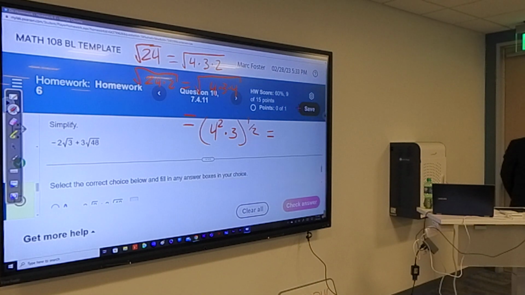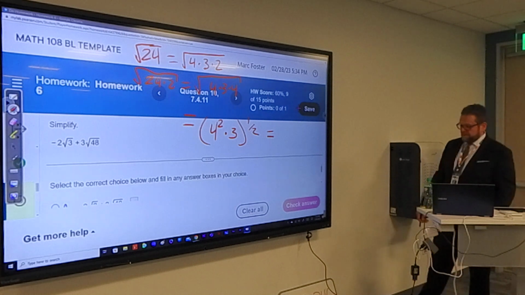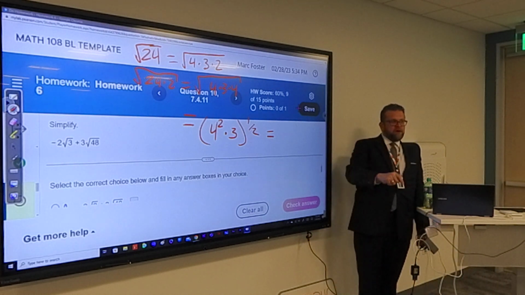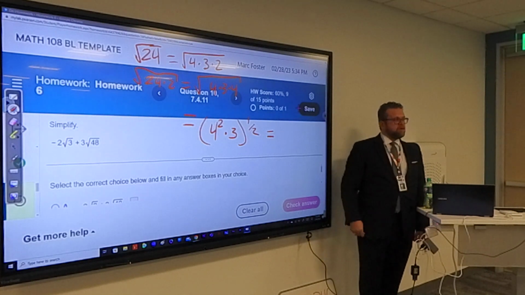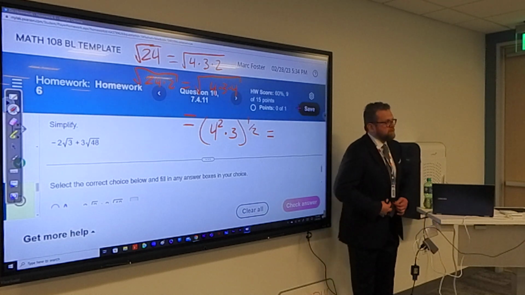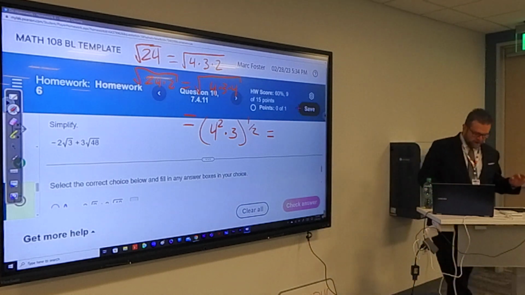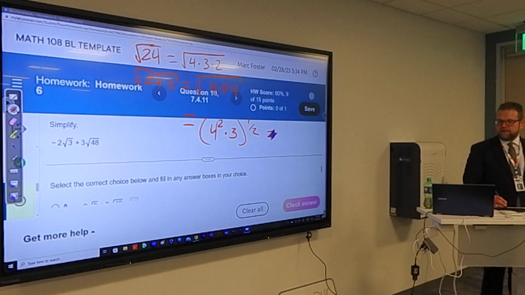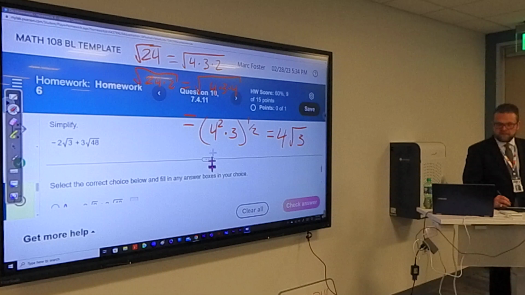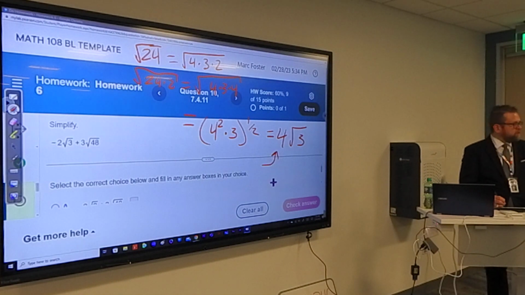The square root of 3 I like. What's the number out front? It's 4. Four squared to the 1/2 power is what? 4. And then you have the 3 to the 1/2 power. That's just the square root of 3. And then now we have our 4 out front.